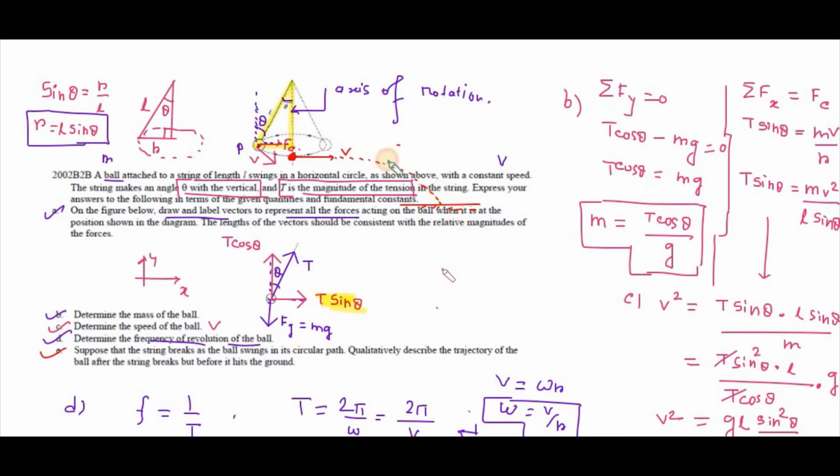So this is basically representing projectile motion in this case. The motion executed by the ball would be projectile motion after the string breaks, where it will have the initial horizontal velocity v, and up to reaching the ground it will follow a parabolic path.